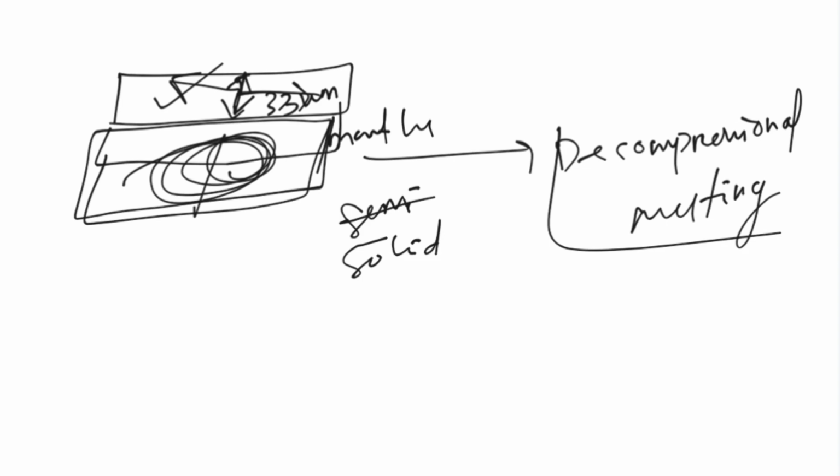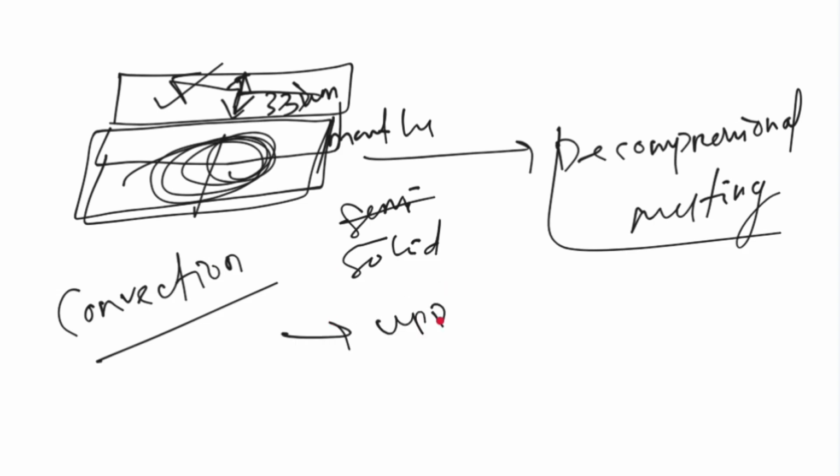Now this mantle material will start melting, and the mantle material coming from below also melts, as the convection current is going on. It may be upper mantle material or lower mantle material because the convection current is going on.